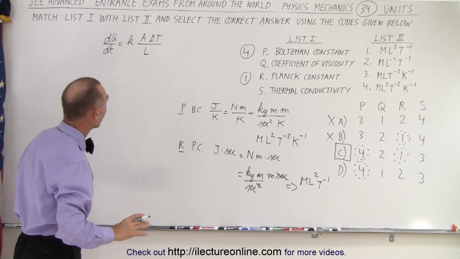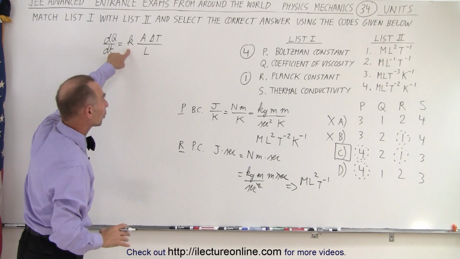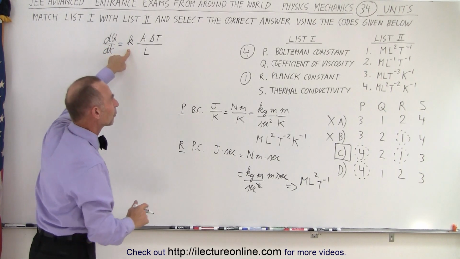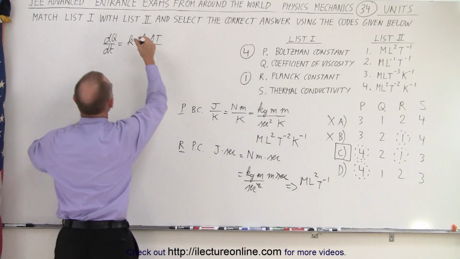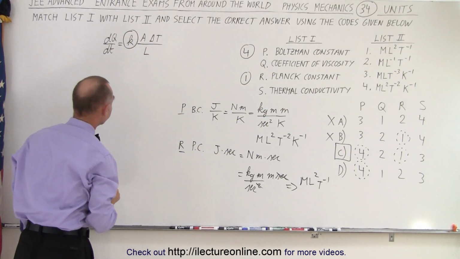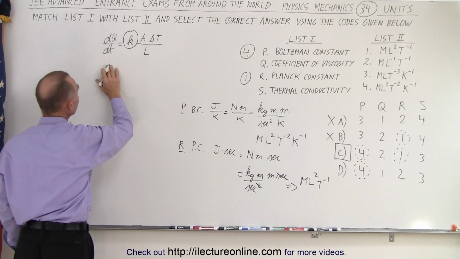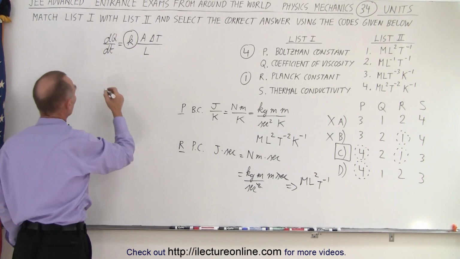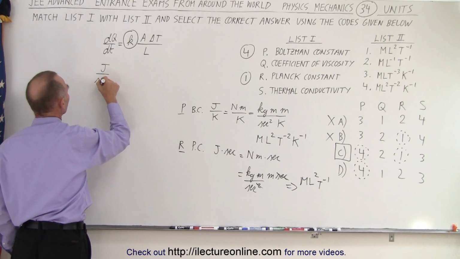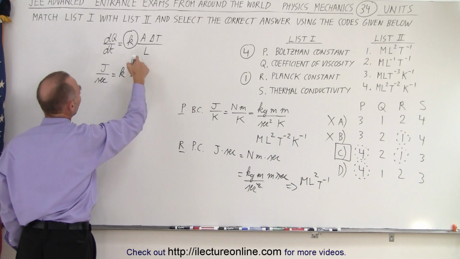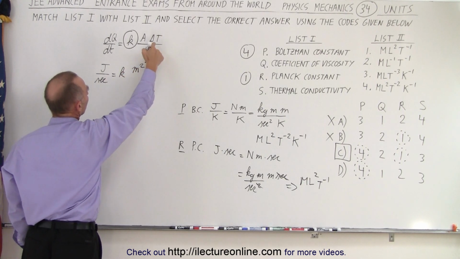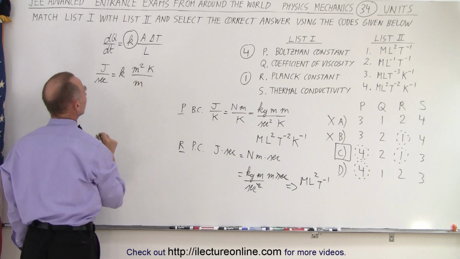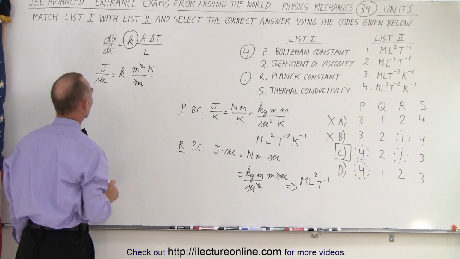So now we're looking for K here, because that's what we want. We want the thermal conductivity constant, which is this right here. So dQ/dt is heat over time, and heat is in terms of joules. So we have joules over time equals K times area, which is meters squared, times the difference in temperature, which is Kelvin, divided by the length, which is meters.